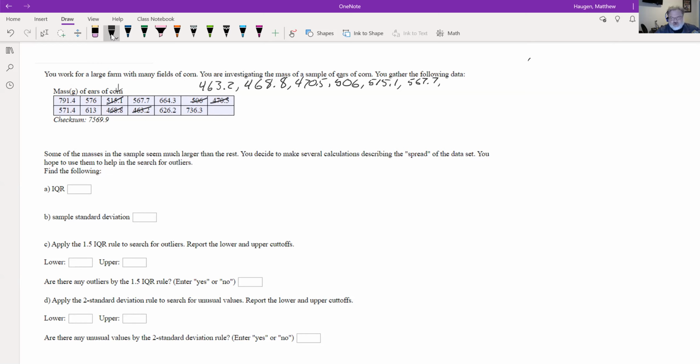And 626.2 plus 664.3 divided by 2. 645 and a quarter.